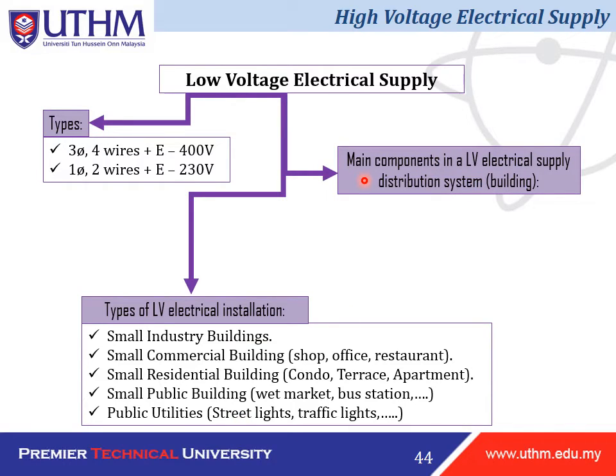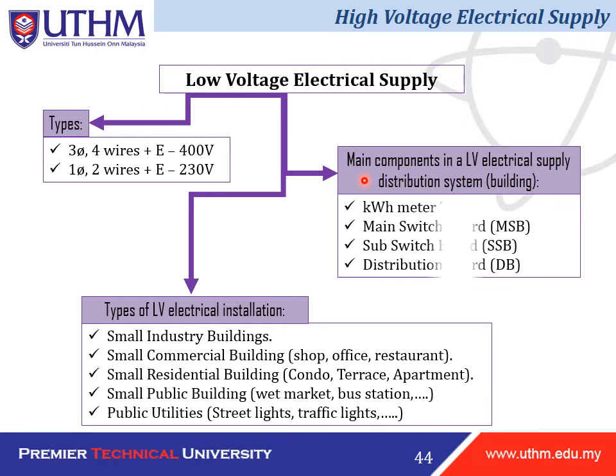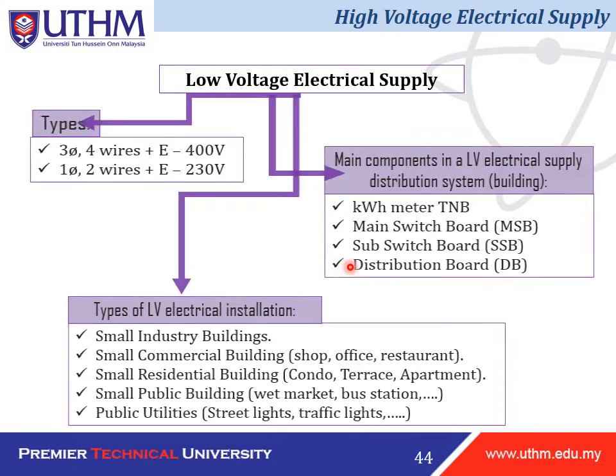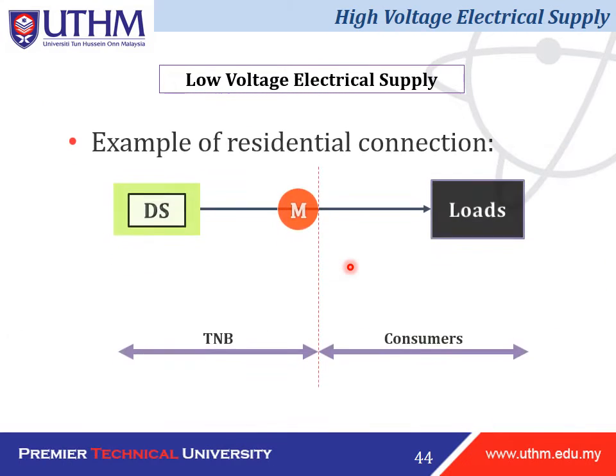What are the main components in a low voltage electrical supply distribution system, especially for buildings? We need a kilowatt hour meter from TNB, the main switchboard MSB, the sub switchboard SSB, and also the distribution board DB.